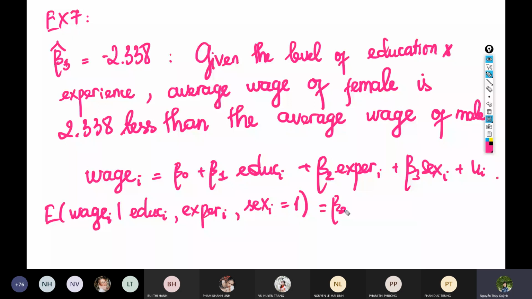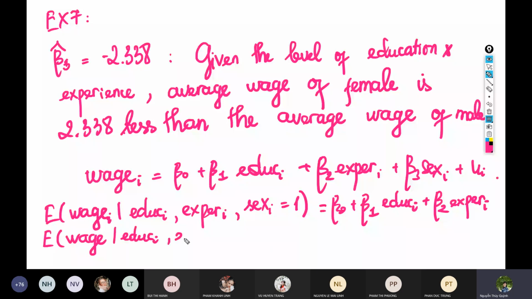And the average level of wage given the level of education and experience and sex equal to 0 for male is beta 0 plus beta 1 times education plus beta 2 times experience plus beta 3.